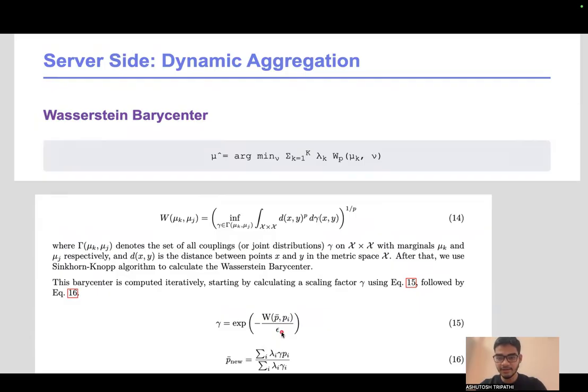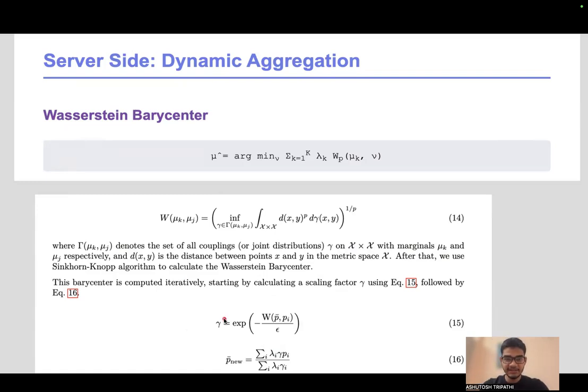We call it epsilon. Its purpose is only to enhance numerical stability, and then using this formula we calculate the Wasserstein barycenter, and we use these two formulas iteratively to come up with a stable Wasserstein barycenter. We have done some ablation study on these hyperparameters. You can have a look in the paper.